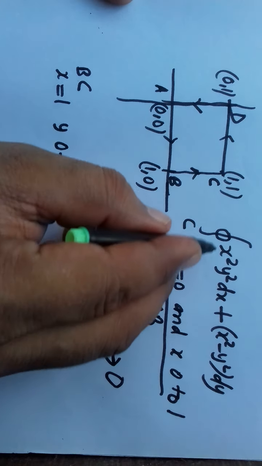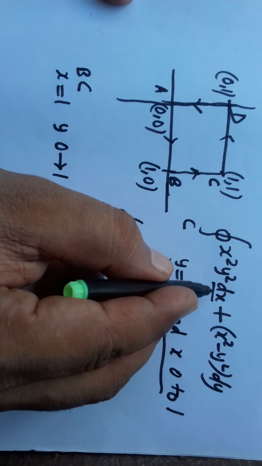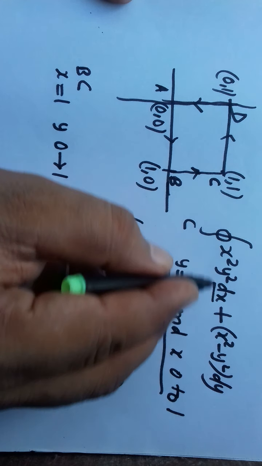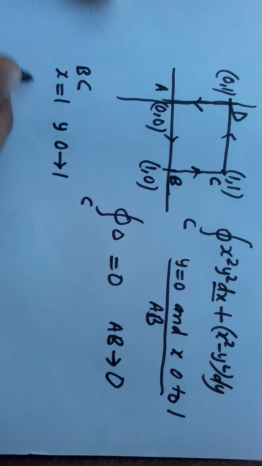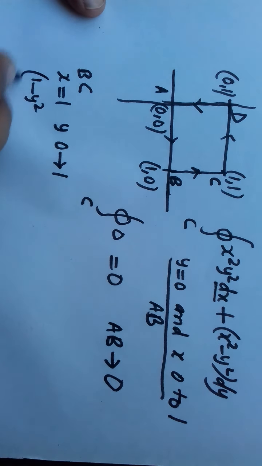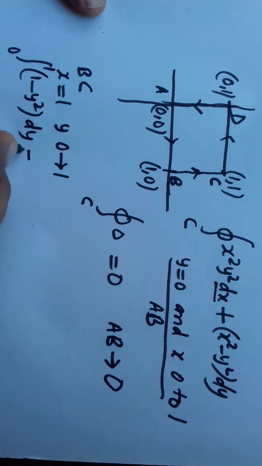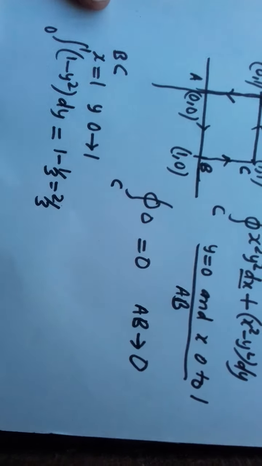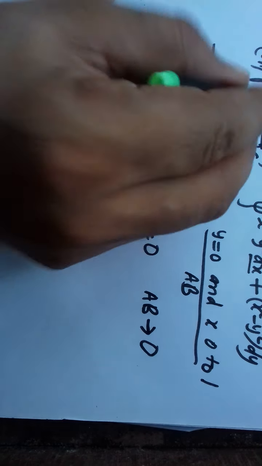Putting x equal to 1, this 1 means constant and differentiation of 1 is 0, so this whole part will be 0 and it remains the integral of 1 minus y square dy from 0 to 1. Integrating we get 1 minus 1 by 3, that is 2 by 3. We have done BC.